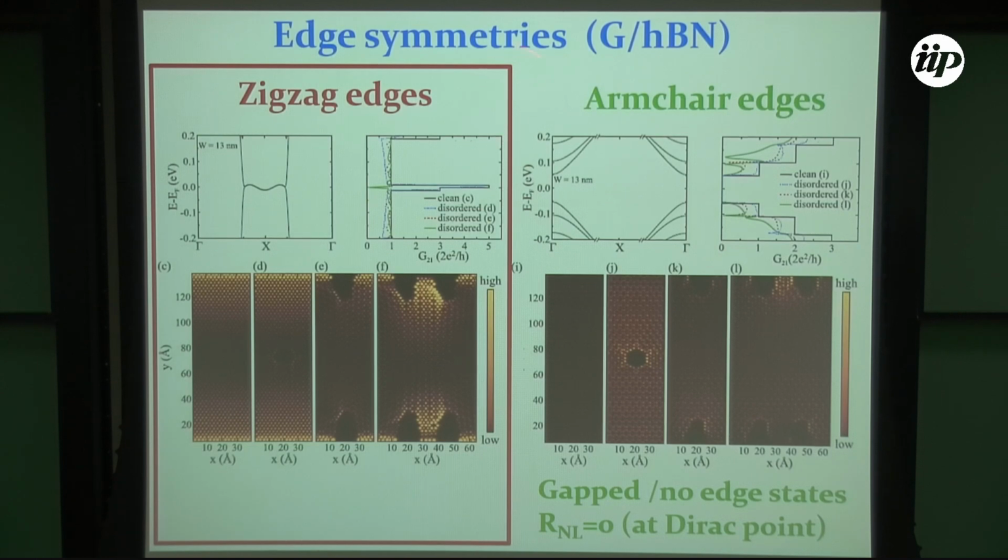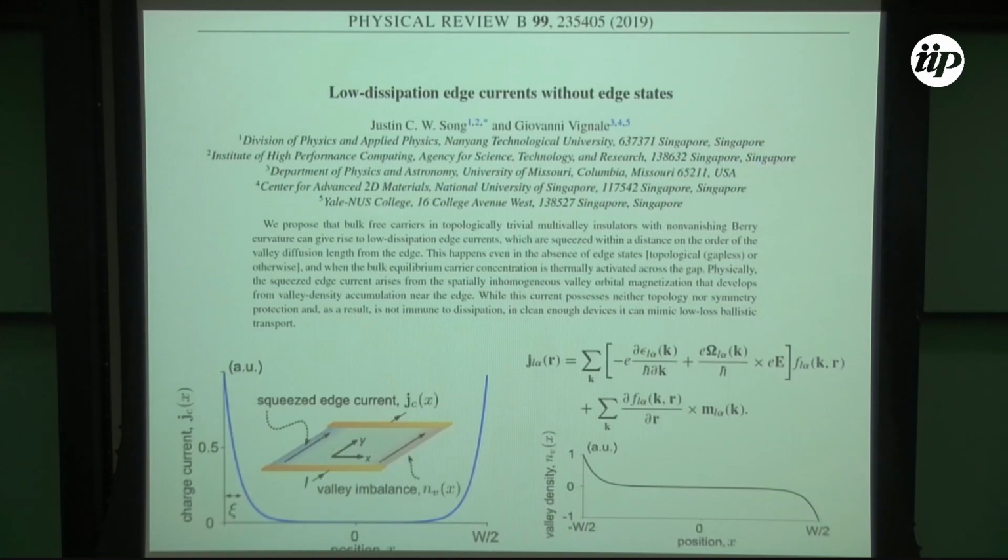And it's supposed to be also in a certain edge termination, which might be plausible in the experiment, but it's still a question of robustness, actually, to, for instance, a full armchair termination.